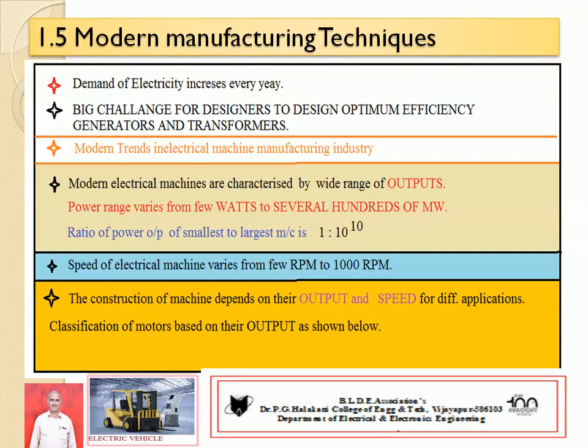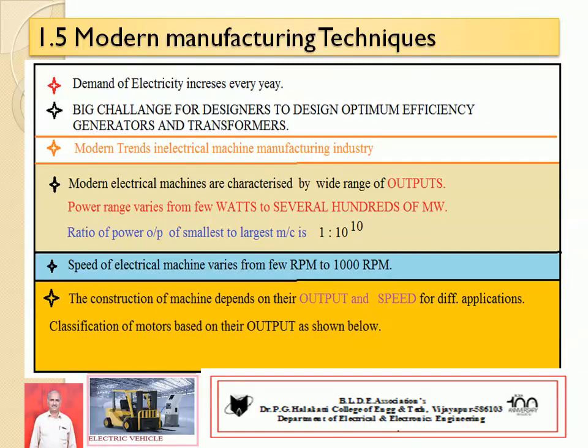Power range varies in general from some watts to several hundred megawatts of single units. Hence the ratio of power for a smaller machine to a larger machine lies in the range of 1:10 to the power of 10. That is one concept.